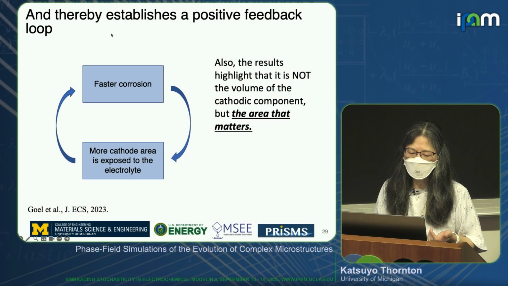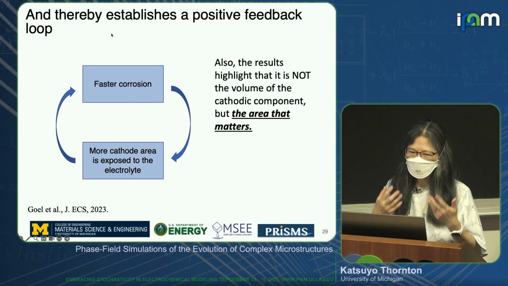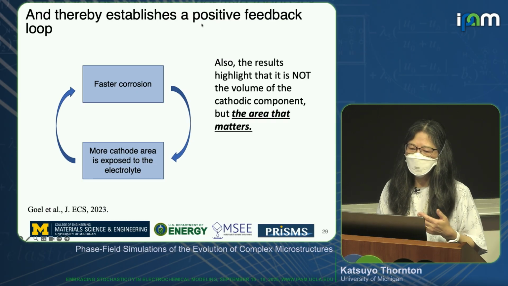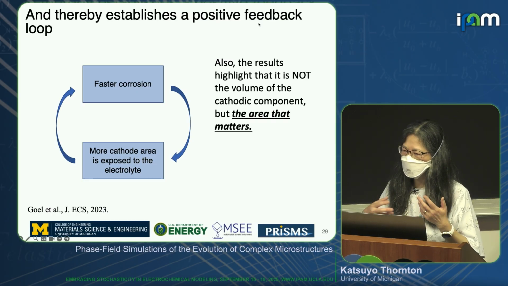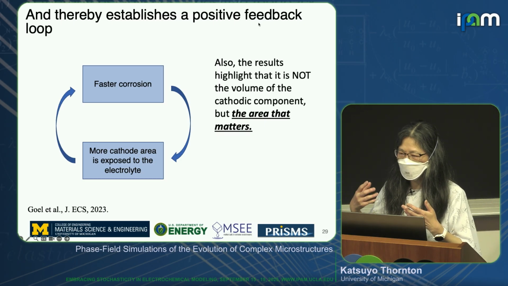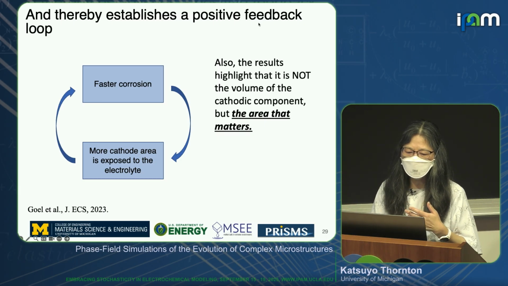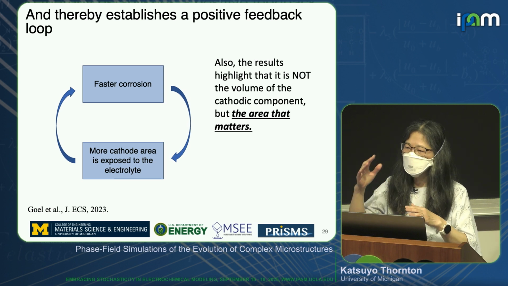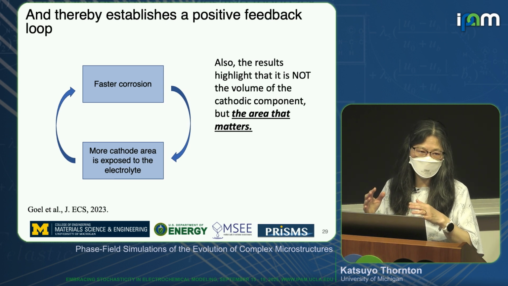So you can actually learn quite a bit by just looking at the time evolution of quantities and how they compare with geometric quantities. And then with microgalvanic corrosion with microstructure, there's this positive feedback that encourages the corrosion rate to increase with time, because as the corrosion happens, more beta phase appears.